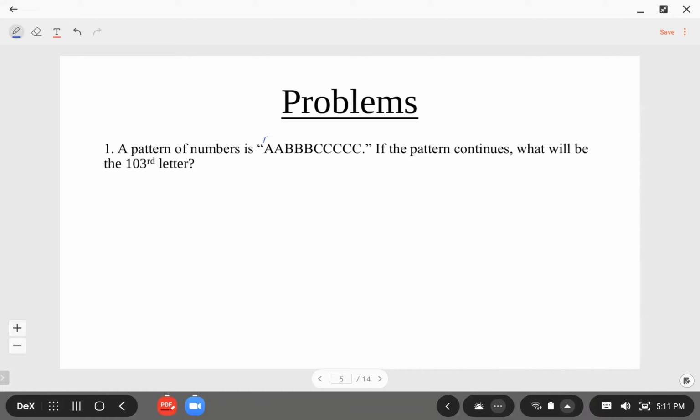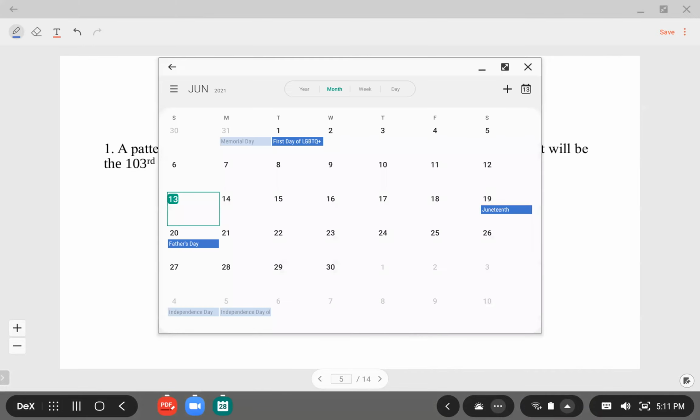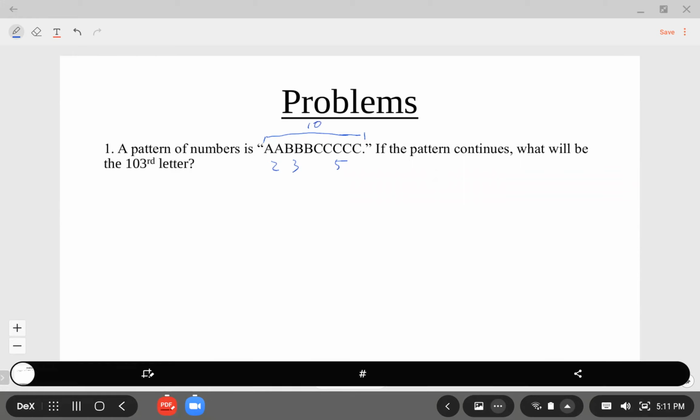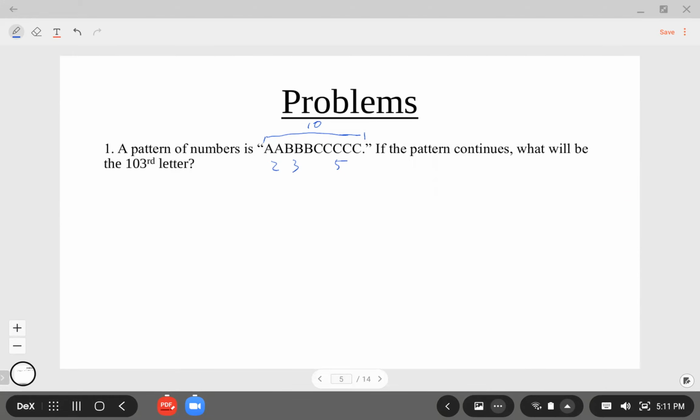Let's see, how many letters are in this sequence? Okay. There are exactly 2 A's, 3 B's, and 5 C's, which results to 10 letters. Then we divide 103 divided by 10, and we get 10 remainder 3.